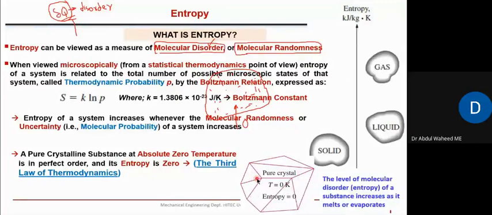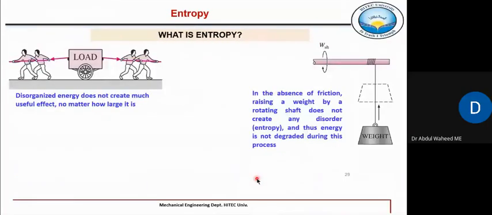No disorderness at all. Let's further analyze the concept of entropy. For example, let's make a different example here. Here we have some gas and we are adding heat to this gas.